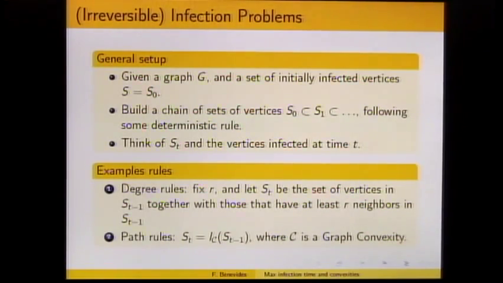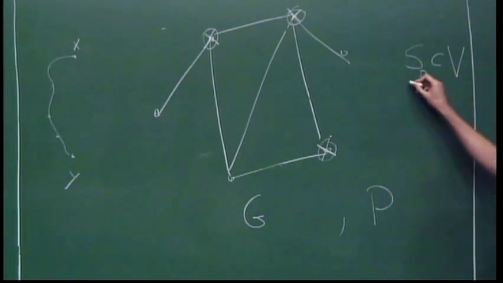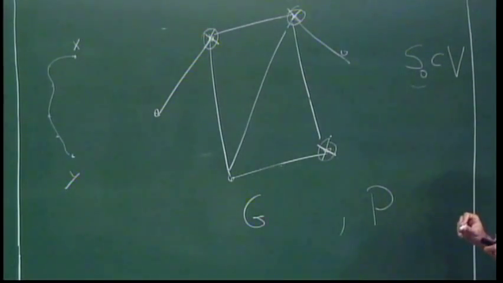And then I'm going to consider now a very different kind of rule, which is I can just use some particular convexity and say that the infection spreads by applying my interval function. So now I have a connection between the two problems. In this case, you have your graph G, you have your family of paths P. You start with some infected guys at 0.